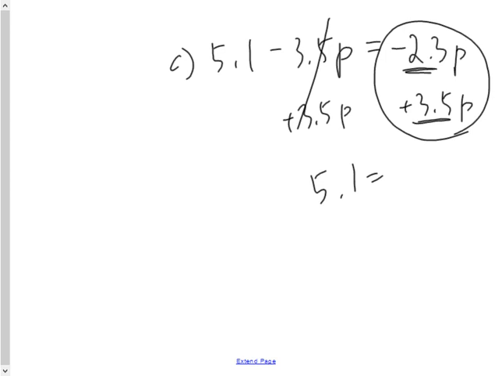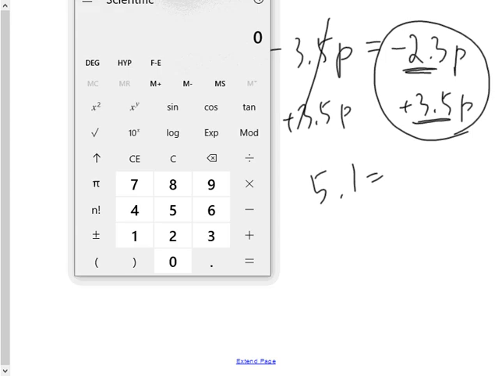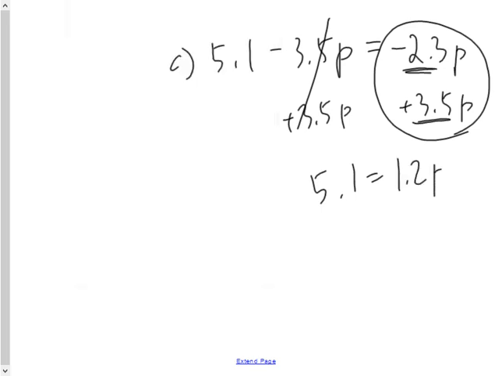And if you're not good with rational numbers and adding integers that are decimals, make sure you use your calculator. So 3.5 positive plus 2.3 negative is 1.2. So now you get 1.2p when you combine those two coefficients. Divide both sides by the coefficient of 1.2.